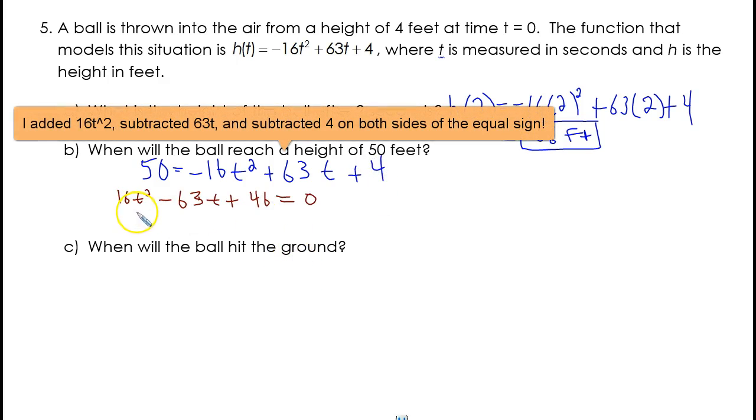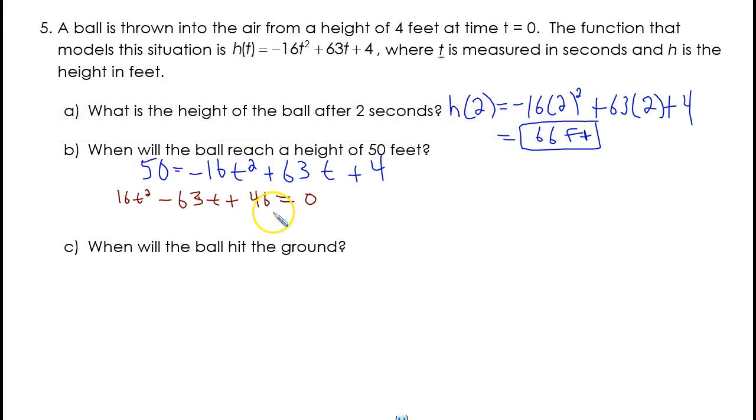All right, so 16t squared minus 63t plus 46. There's nothing that factors out of it, and I'm pretty sure that trying to factor it is going to be really difficult. So we're just going to use what's called the quadratic formula.